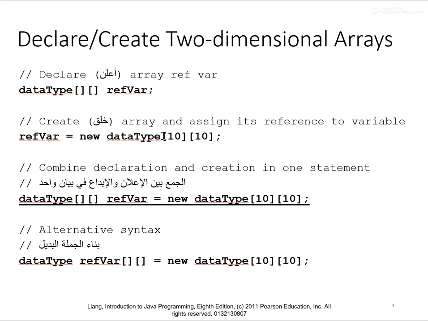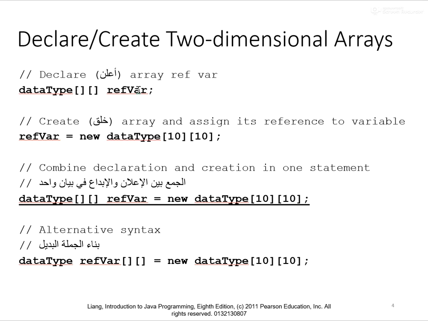Think of it as a table that has 10 rows, and each row has 10 entries or 10 columns. And this newly allocated memory can be accessed by the reference over here, which we already declared in the previous line.